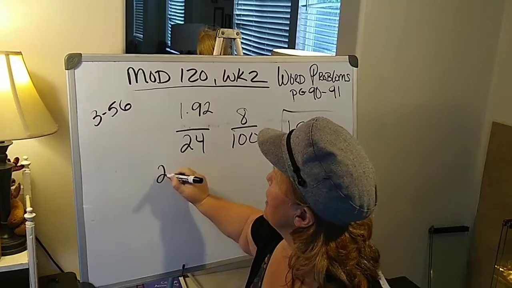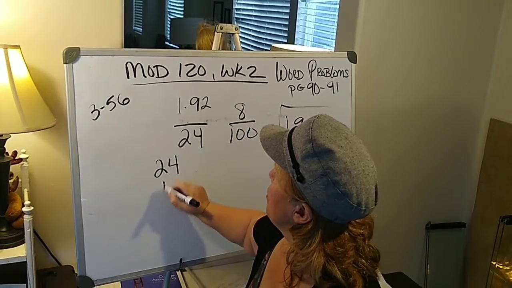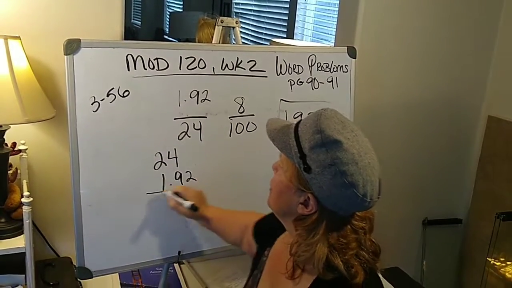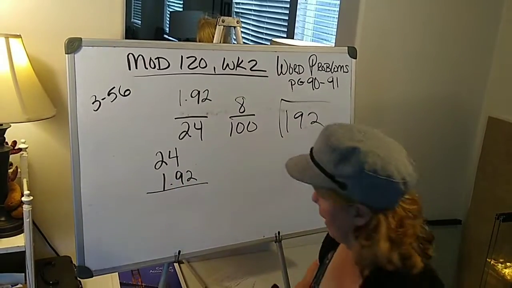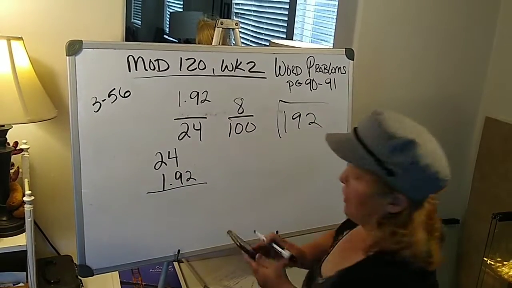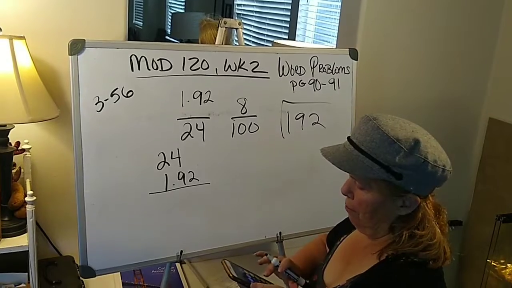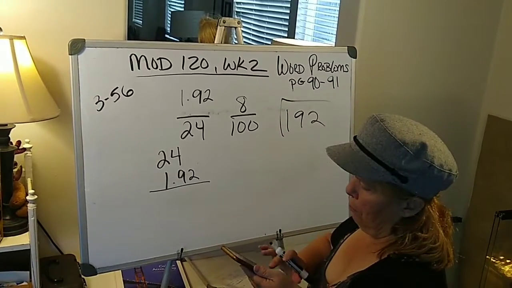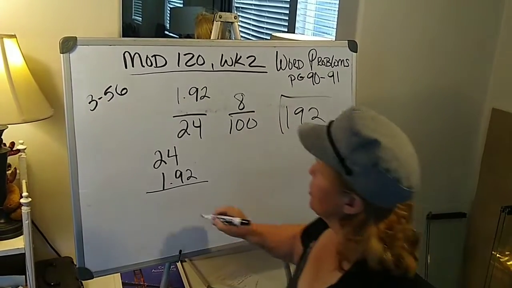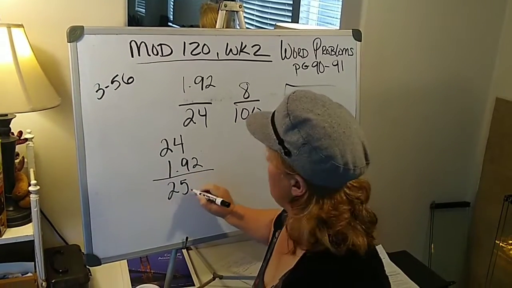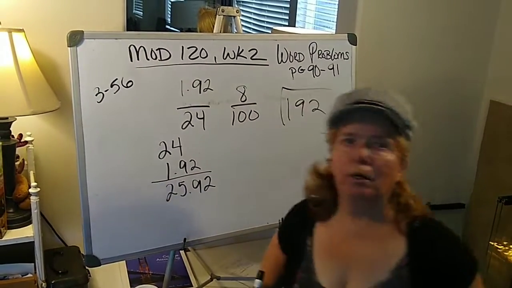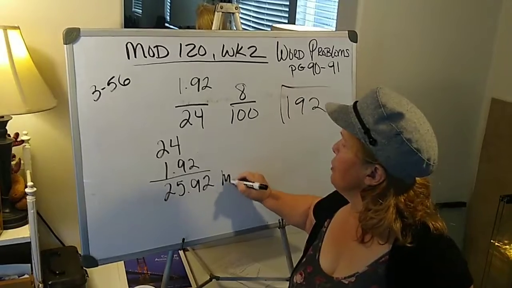So she's going to get 24 plus 1.92 miles per gallon. So we add those two together. 24 plus 1.92 equals 25.92 miles per gallon on the new tires.